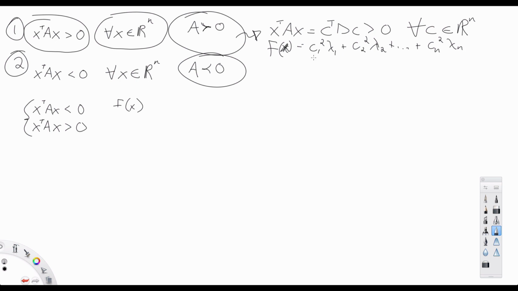So no matter which of these coordinates we choose, if we move away from the origin, then f of x increases. Well, how is this going to happen? If any of these eigenvalues are 0, we're going to be going flat in the corresponding direction. If any of the eigenvalues are negative, we're going to be going down. So in each of those cases, that violates this initial assumption for a positive definite matrix.